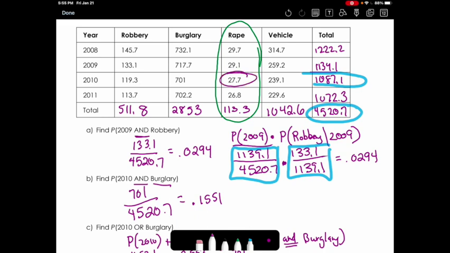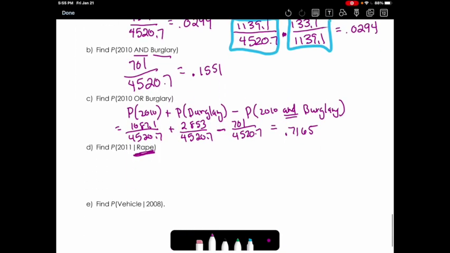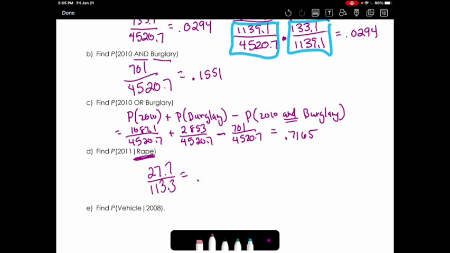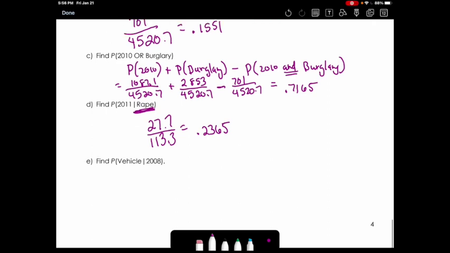Now the probability that it is year 2010 means that we have a chance of 27.7 out of 113.3. Okay, when we put that in the calculator and find the decimal value for that, we're going to get approximately 0.2365 when we round that to 4 decimal places.